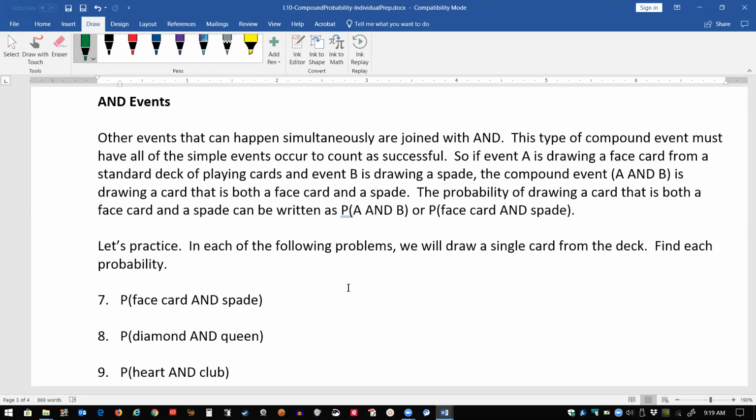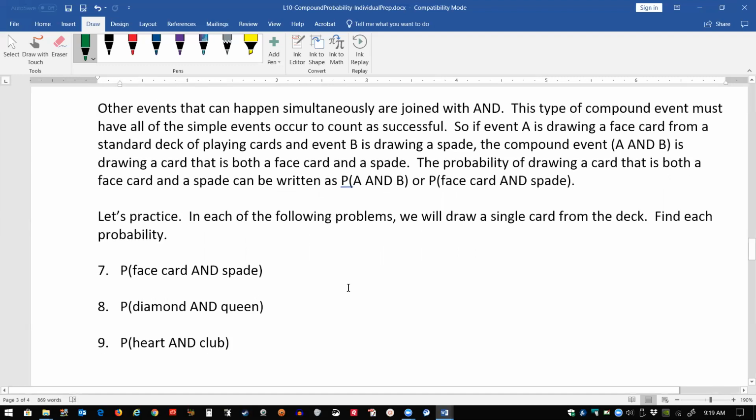Just to illustrate, before I teach you any formula, let's use our playing card scenario just to get a handle. Let's say we're still drawing just one card. What's the probability that that one card is a face card and a spade? Well, how many cards have both of those happening together?